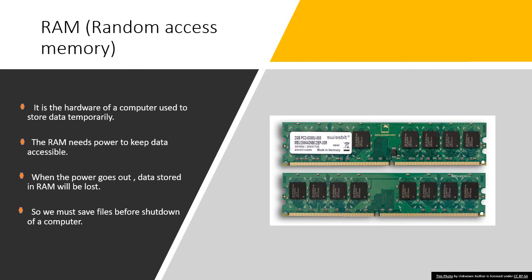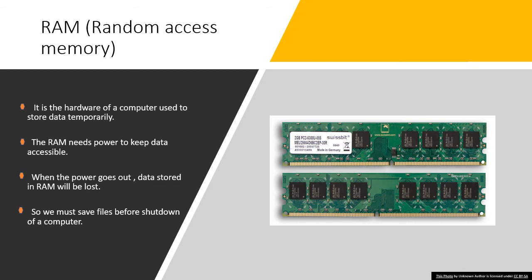R stands for random, A stands for access, M stands for memory. Now what is the RAM? It is the hardware of a computer used to store data temporarily. The RAM needs power to keep data accessible.